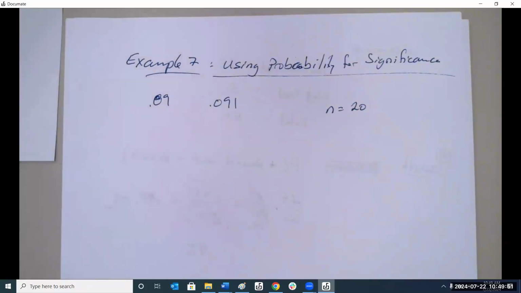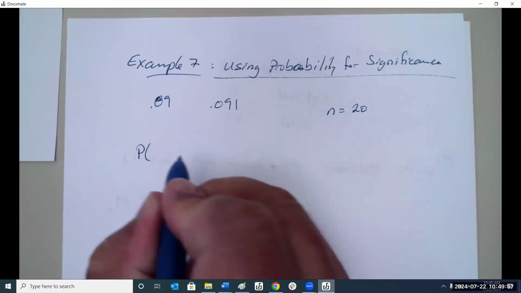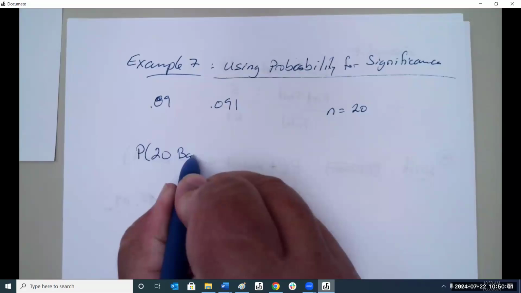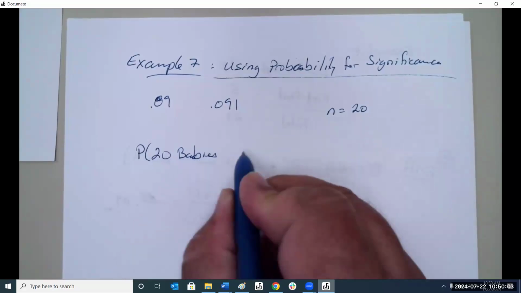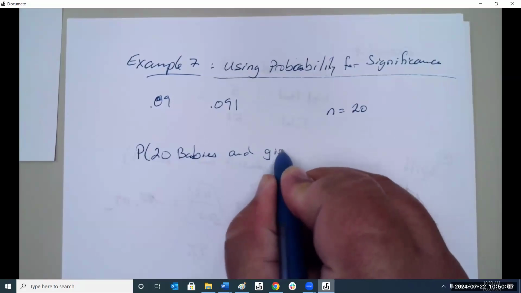So how do we calculate this? 20 babies and girl.